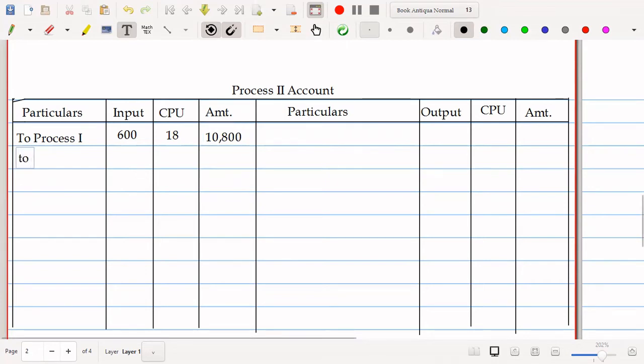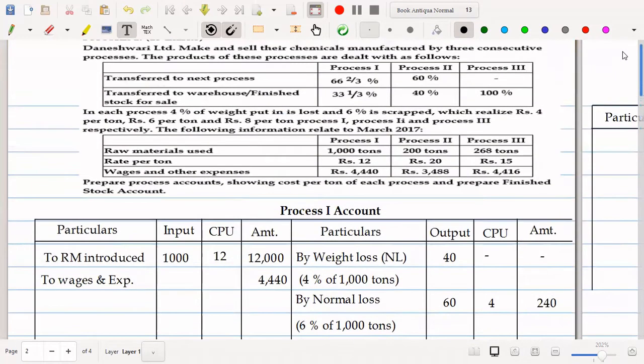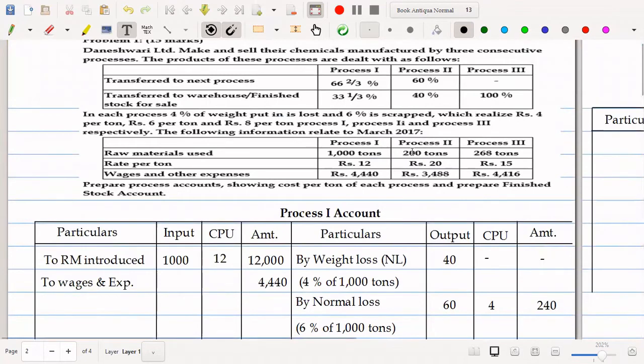So this was from process 1, but actually raw material was also introduced in process 2. We'll see here in the problem, in process 2, 200 tons at rupees 20 was introduced. We have to consider this also. 200 tons into 20, and also wages and other expenses, 3,488.